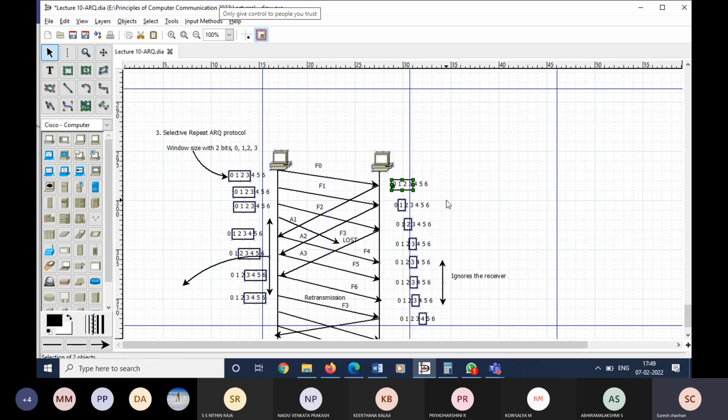If you consider this one, I'll just delete all of this. Same situation, but it doesn't ignore. Whatever the window size was here, the same will be there here also.